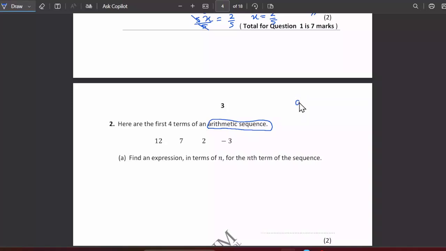Okay. So a is the first term, d is the common difference, and n is the number of terms.